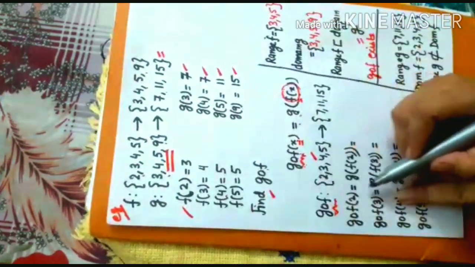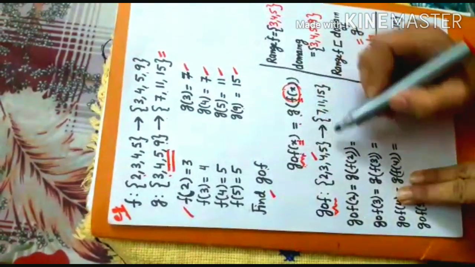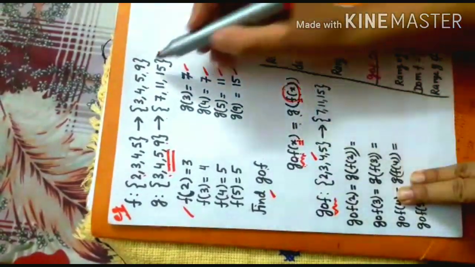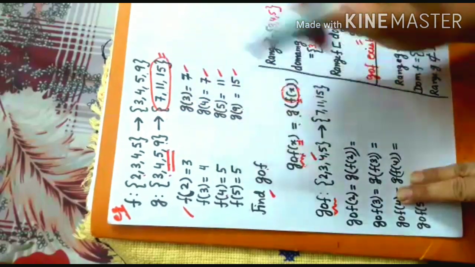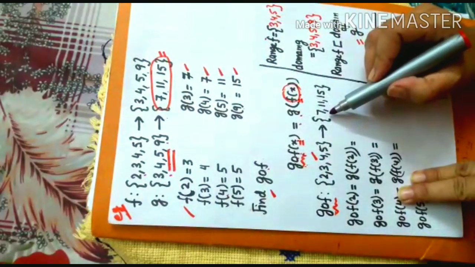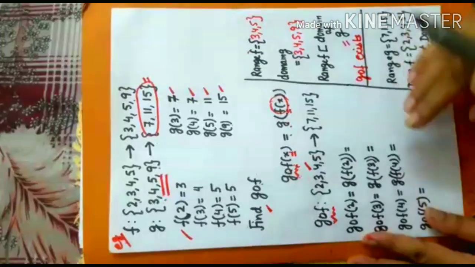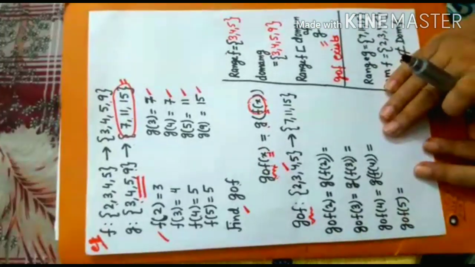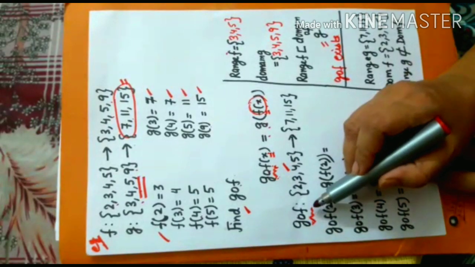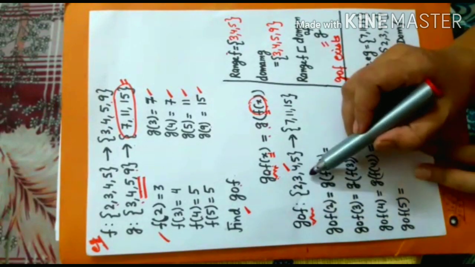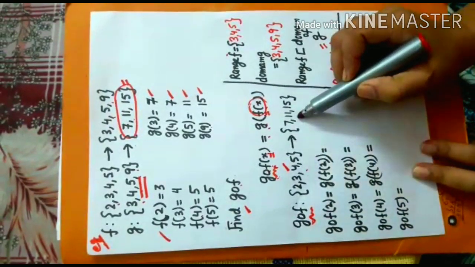So, codomain of the function will be this set consisting of elements 7, 11 and 15. So we have seen that GOF function exists and it is from this set to this set.